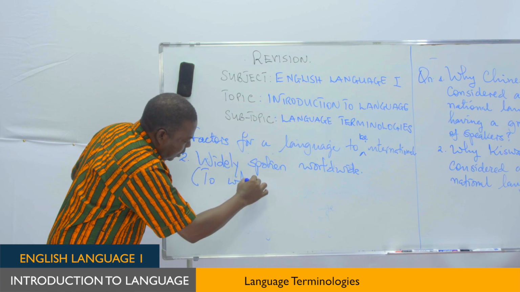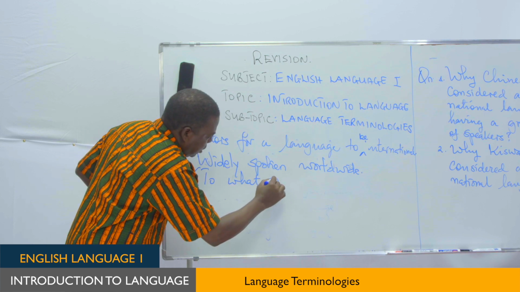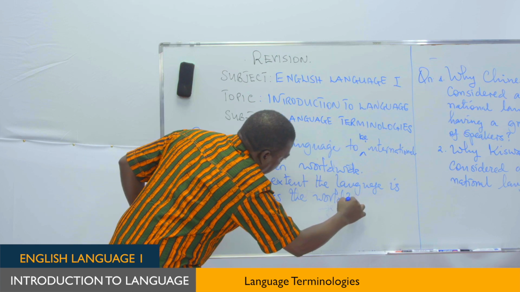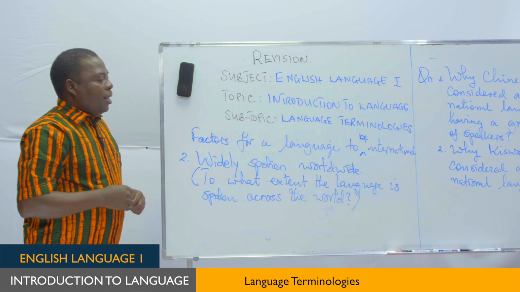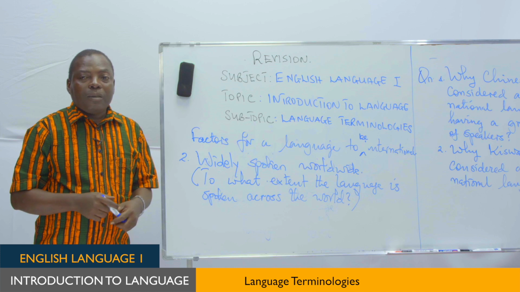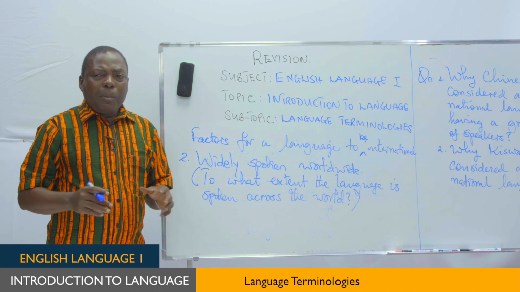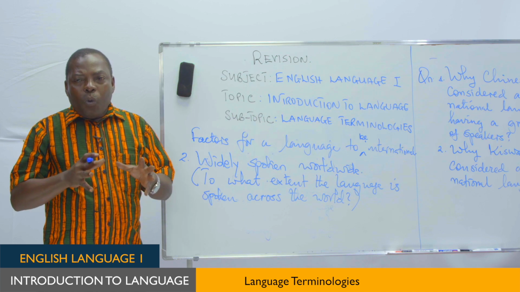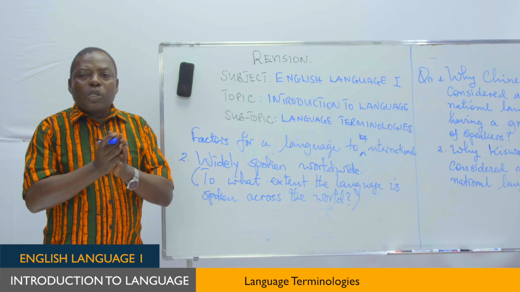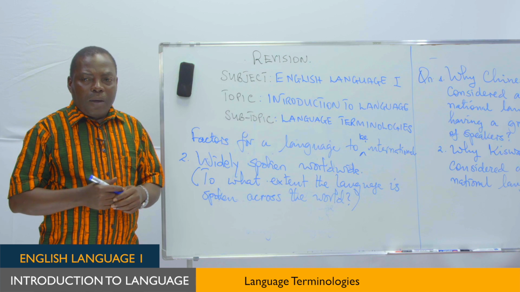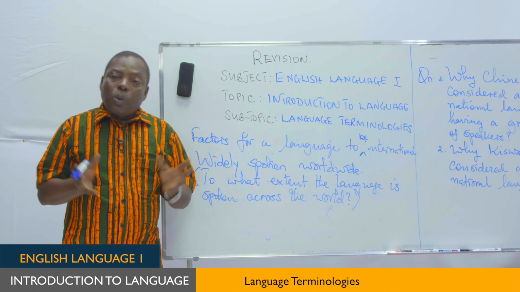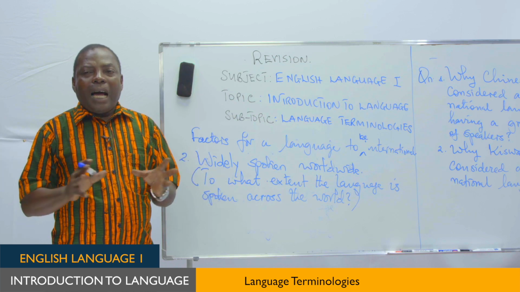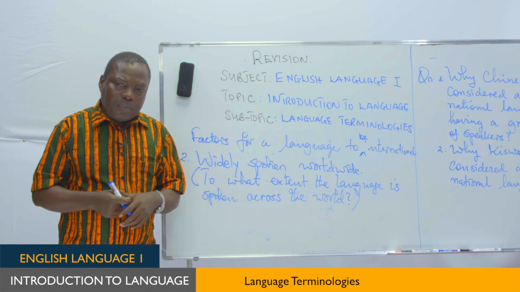Another person could say, to what extent is the language spoken across the world? We are talking about the geographical dispersion. How worldwide the language is spread. We know this world has many continents and many nations.